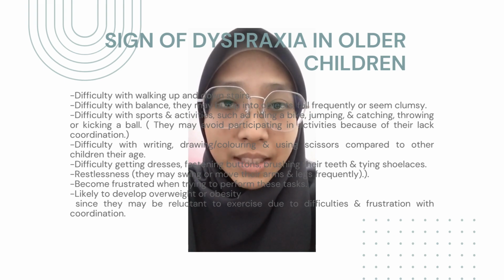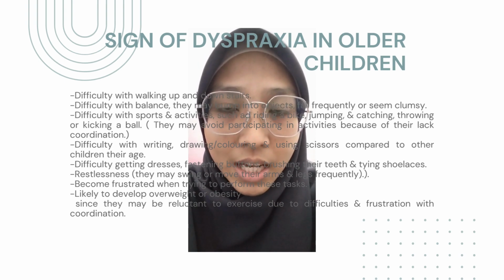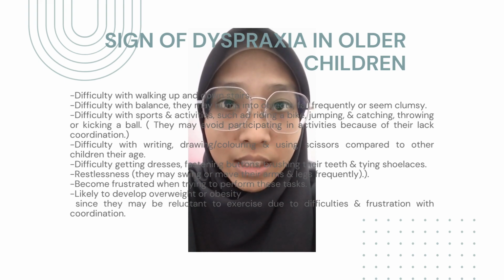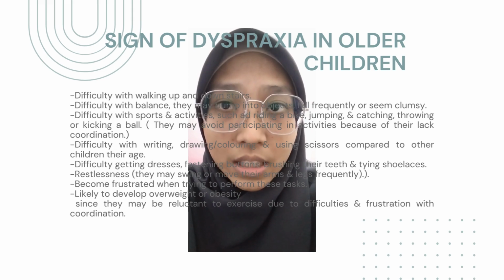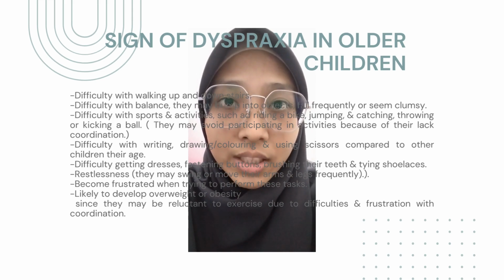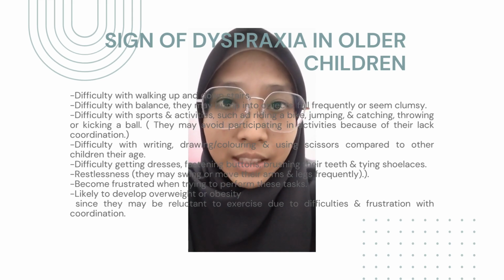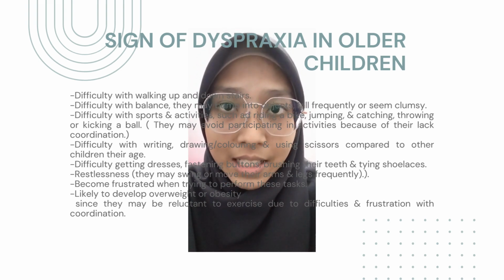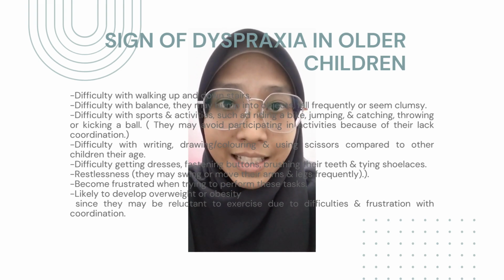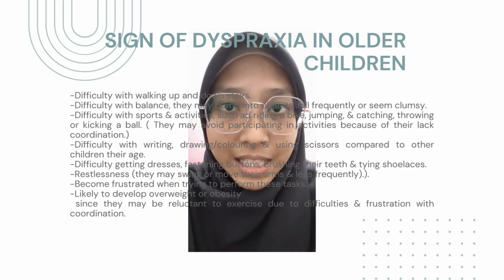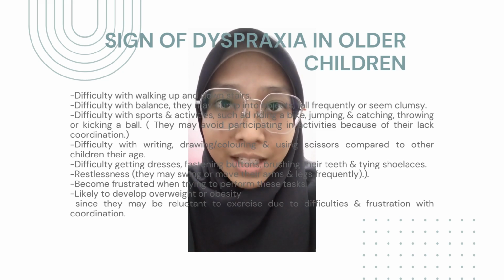They may avoid participating in activities because of their lack of coordination, difficulty with writing, drawing or colouring, and using scissors compared to other children their age, difficulty getting dressed, fastening buttons, brushing their teeth and tying shoelaces, restlessness, they may swing or move their arms and legs frequently.